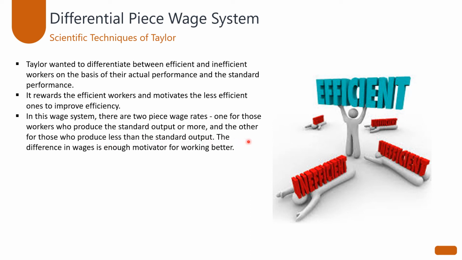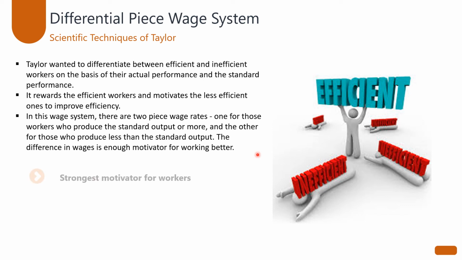So definitely there are some standards set under this system for two different kinds of workers, one for average and above average and the other for below average workers. The difference in wages is enough motivator for working better. So this difference in wage will definitely motivate the workers to become efficient rather than less efficient.